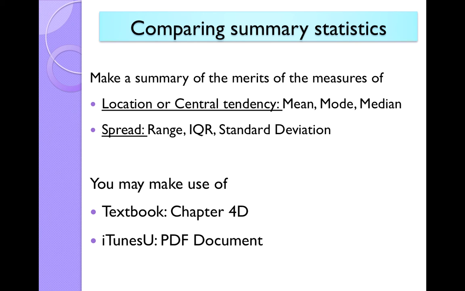In order to research this, you may make use of your textbook, Chapter 4D, as well as the PDF document that's in the STEM on iTunes U, and make a summary in your book where you indicate the pros and cons for each measure so that you would know in which situations which measure is not applicable and which one is better to use. After you've made that summary, you continue to do the homework questions that's also available in the STEM.